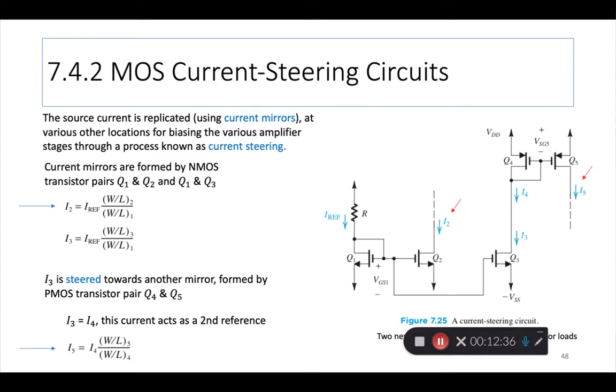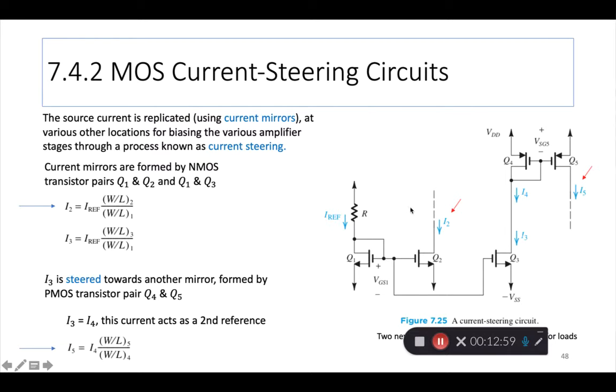How do you take that I0 and use it elsewhere? That idea is shown here, again using current mirrors. We use the current mirror to create an output source current, and we are using current mirrors again to create multiple biasing and load currents.